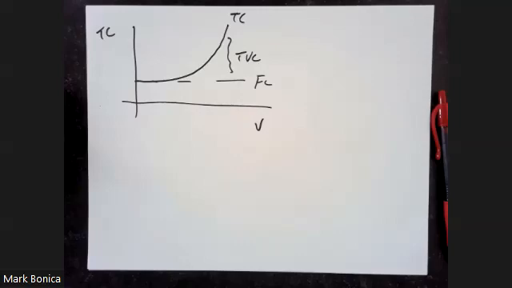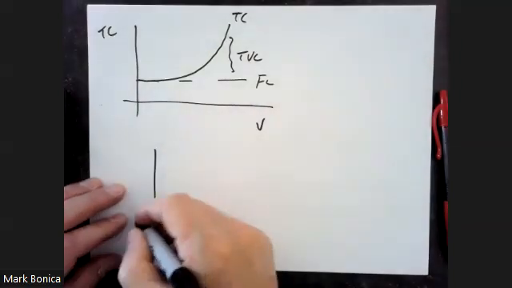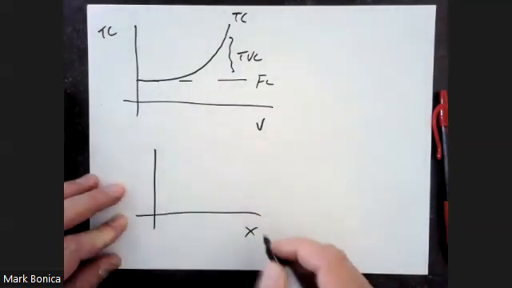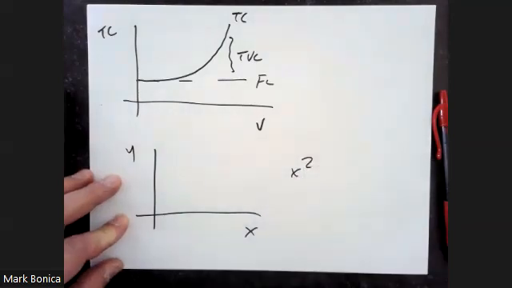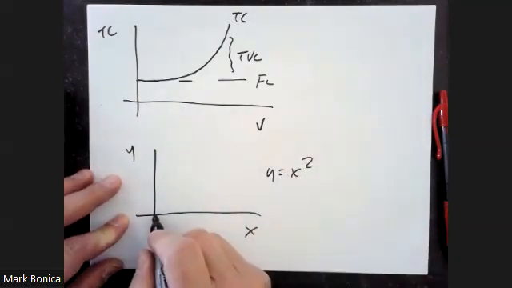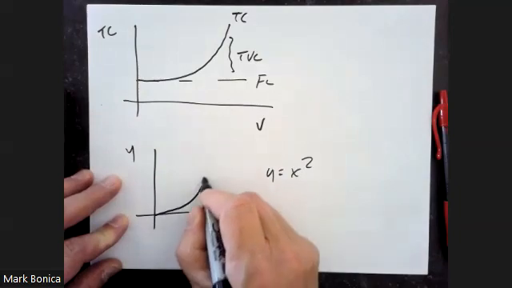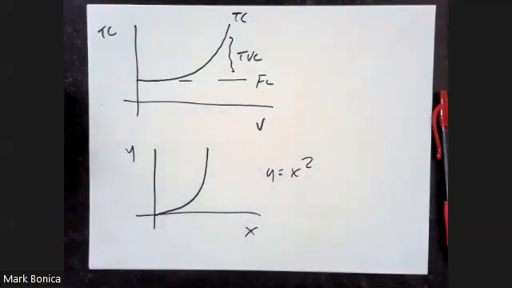So the reality is total cost functions tend not to be perfectly linear. Instead, they tend to be exponential, right? So if you remember this from algebra, if I graph the function y equals x squared, what I'm going to see is a curve that looks like that, right?